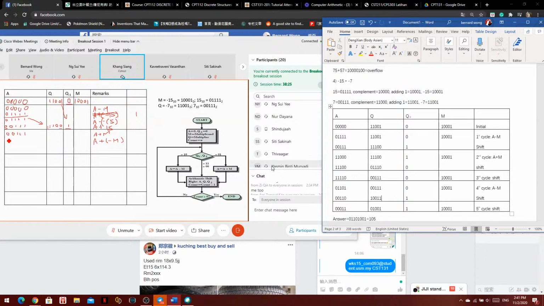So it will be plus 1,0,0,0,1. You just add them together. When you add them together, it will become 0,0,0,1,1. Again, do the shifting.